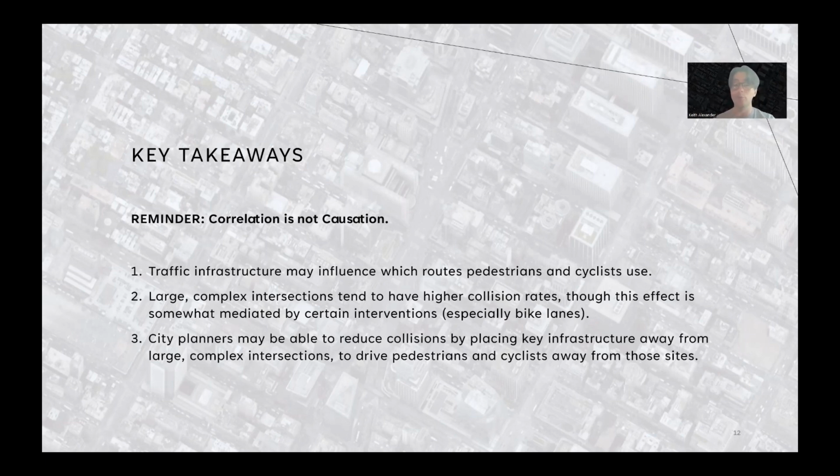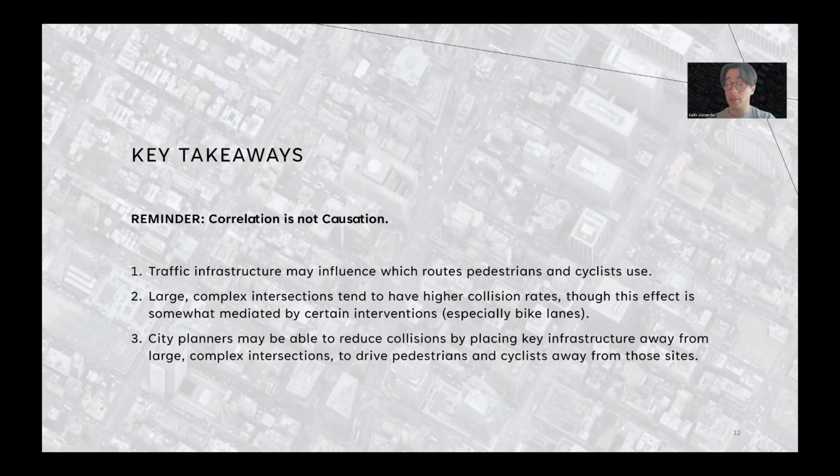Cyclists tend to prefer roads where there are bike lanes. Similarly, with pedestrians, it seems that intersections with better crosswalk coverage tend to have higher foot traffic, and pedestrians tend to use those roads. Now, this may indicate that city planners may be able to actually influence where these pedestrians and cyclists go.